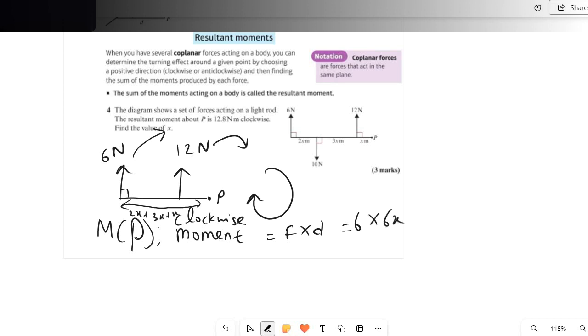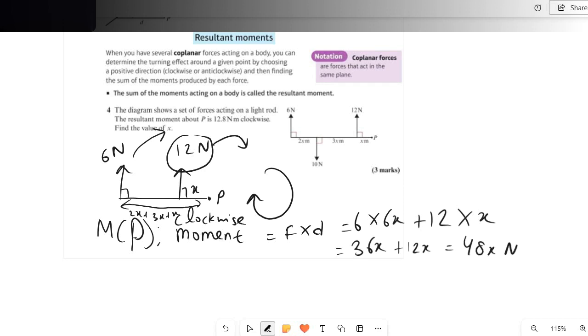So 6 times 6x, plus the effect of 12 newtons, so 12 multiplied by the perpendicular distance, which is x meters. Therefore we have 36x plus 12x, giving us 48x Newton meters.